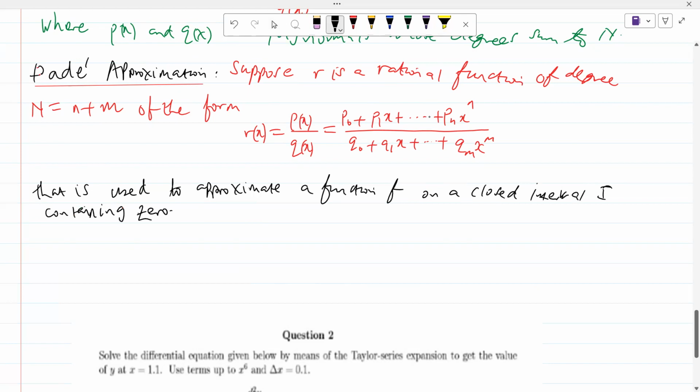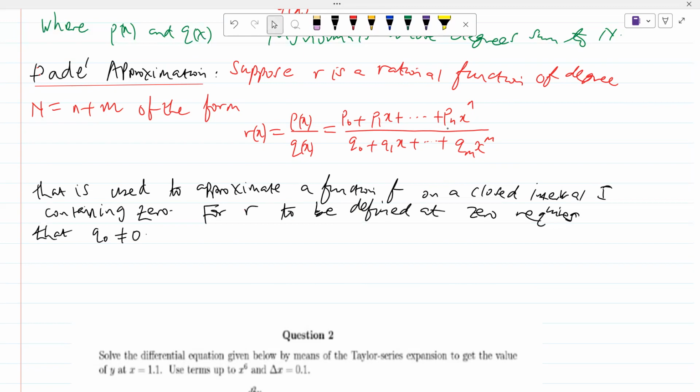For R to be defined at 0, I want to mention this, requires that Q naught be not 0.